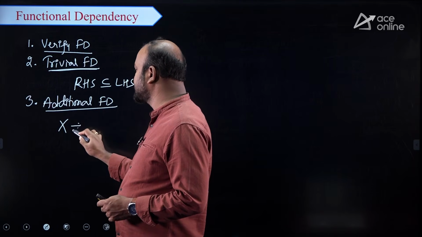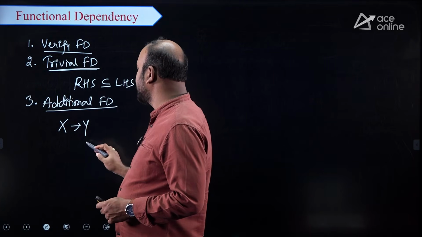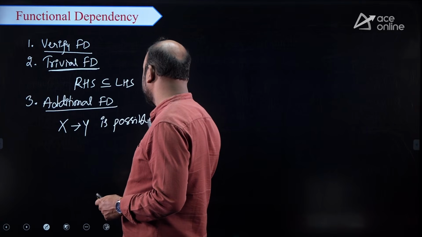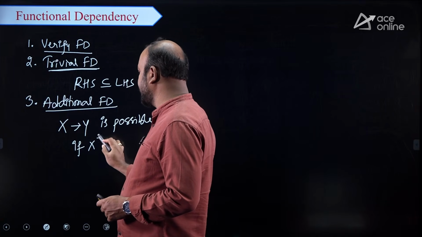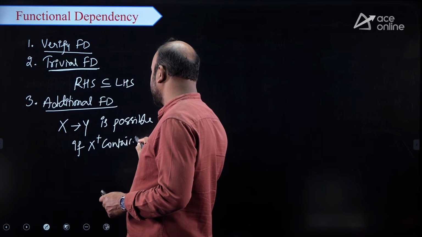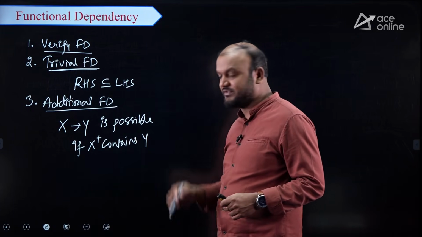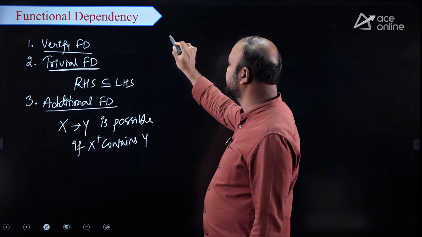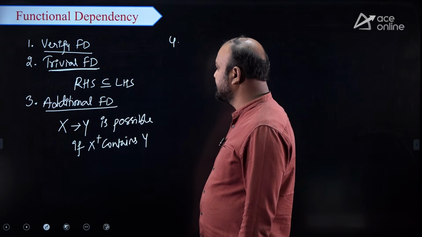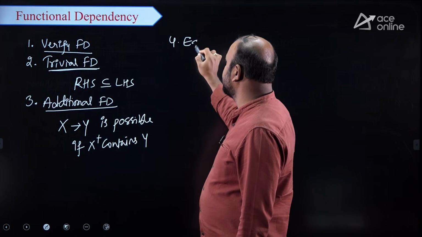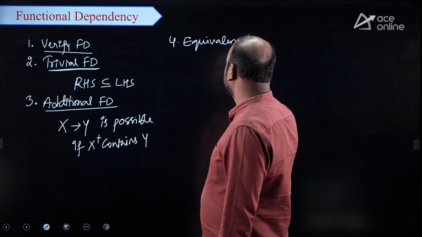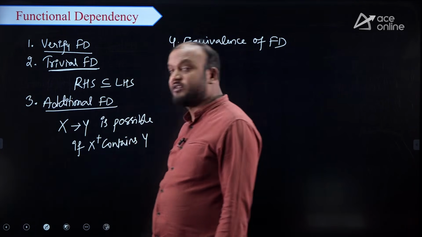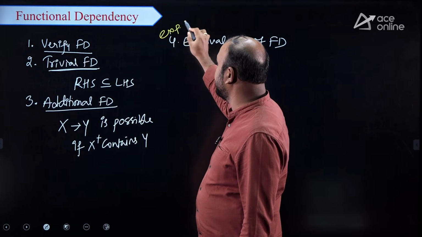Suppose some dependency X to Y is to be verified, we can say X to Y is possible if the closure of X contains Y. That is the third type of question, because questions were asked on this type of concept. And the fourth type is equivalence of FDs. Equivalence of FDs has so far not been given, and I can say this is an expected topic.